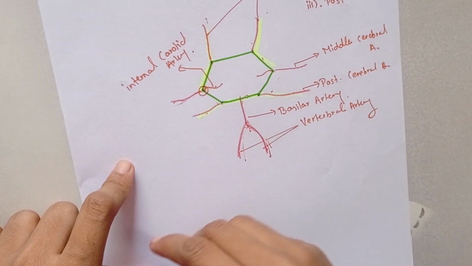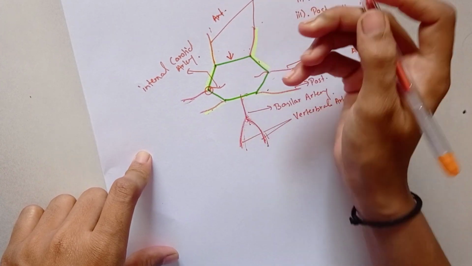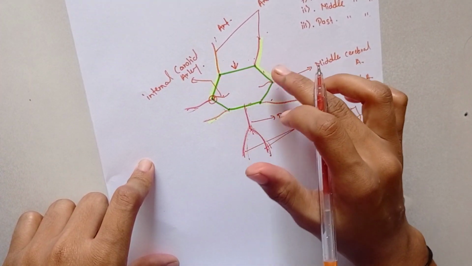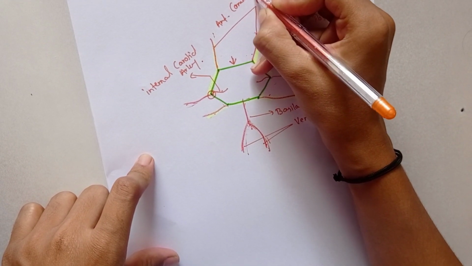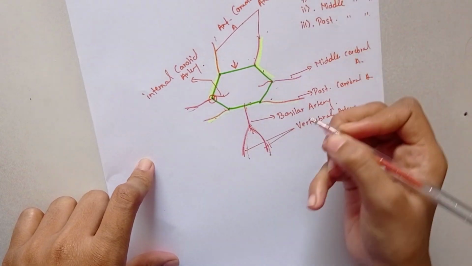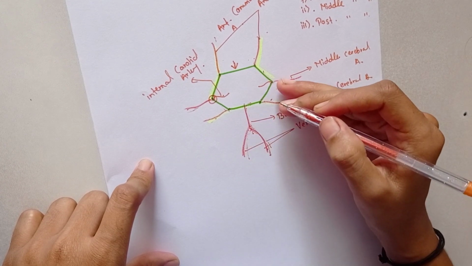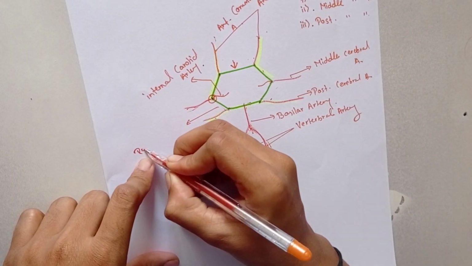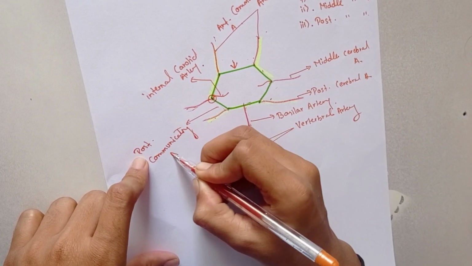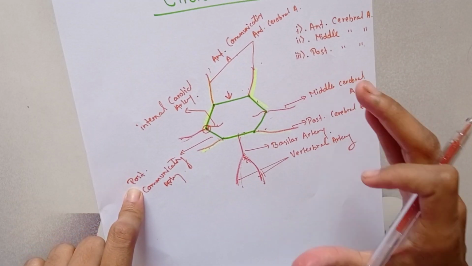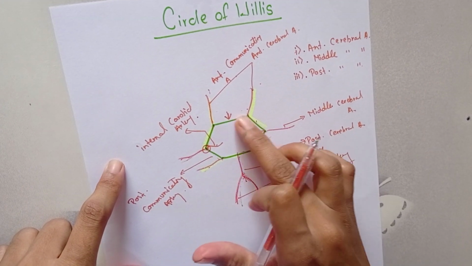Then the remaining two: this one, this is anterior, communicating between the two anterior cerebral arteries, so it is named the anterior communicating artery, whereas posteriorly, the posterior cerebral arteries on both sides are connected, and that is called the posterior communicating artery.